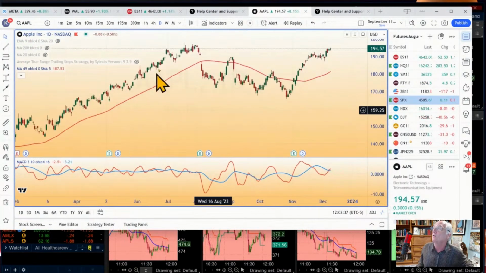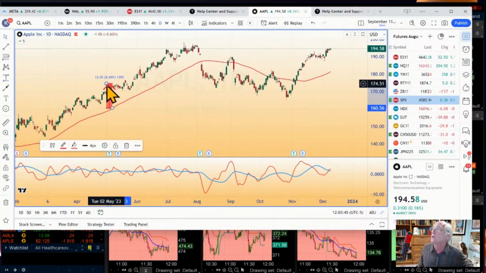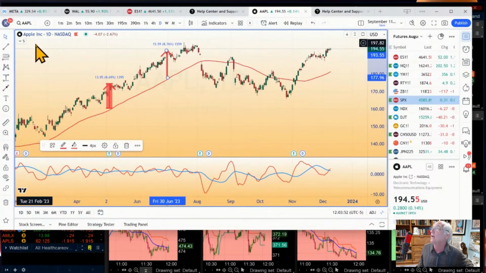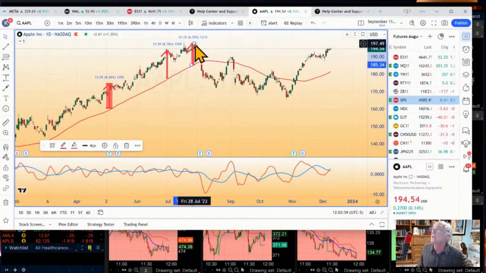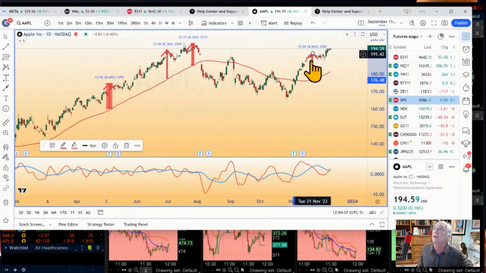So Apple, you had this big old uptrend. Let's go see how far it gets over the 50 before it stutters. So there's 8. That's 8. I know that's hard to believe. That's 6. And where is it now? Well, the thing is, it was here and hardly went down. There's your 8.